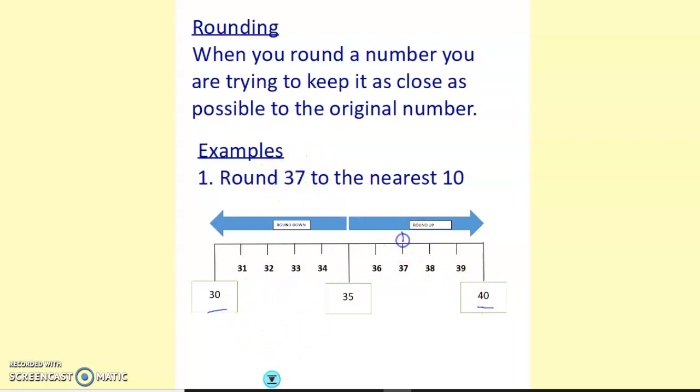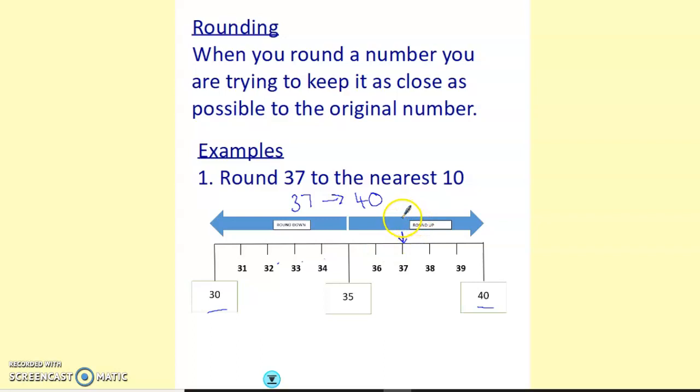Now 37 is sitting right here, so it's obviously closer to 40. But the basic rule: if it's less than halfway, so if it ends in a 1, 2, 3, or 4, then we round down. If it's 5 or above, then we round up. So 37 to the nearest 10, and we don't write that it equals 40, we put in an arrow: 37 rounds to 40.